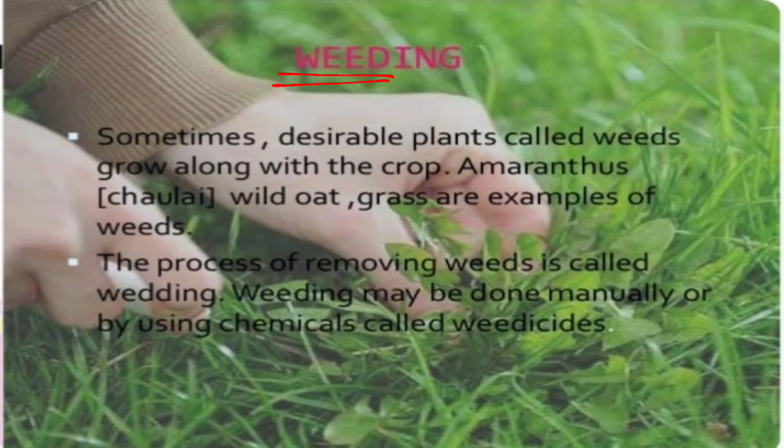Weeding may be done manually or by using chemicals called weedicides. Weeding is usually done manually, and mostly with the help of weedicide, which is a chemical.